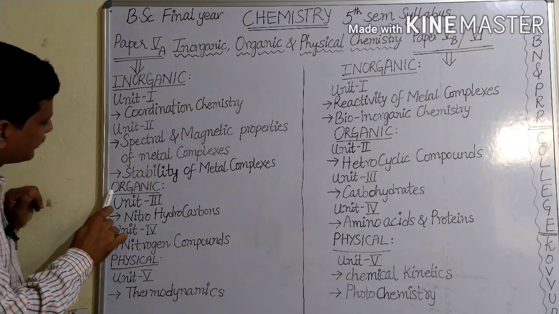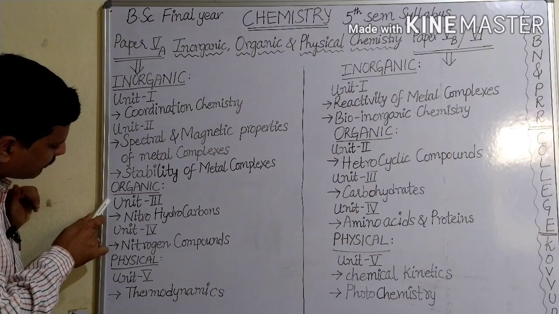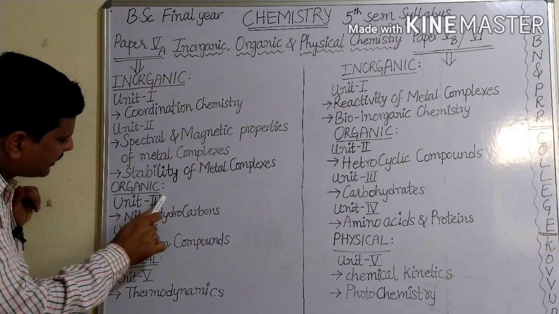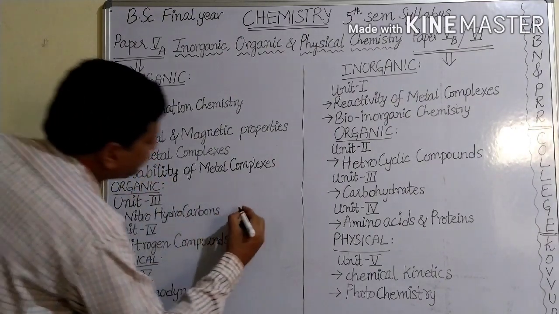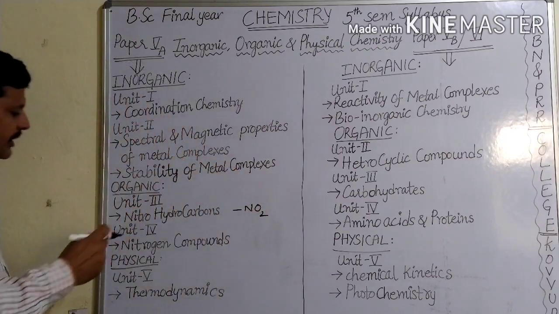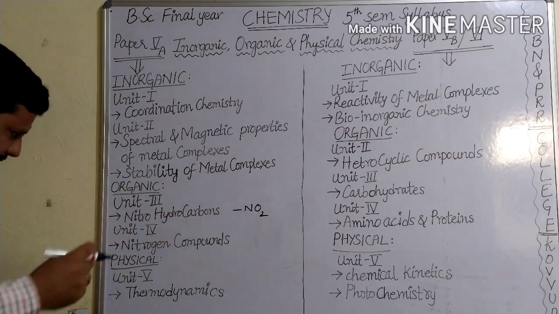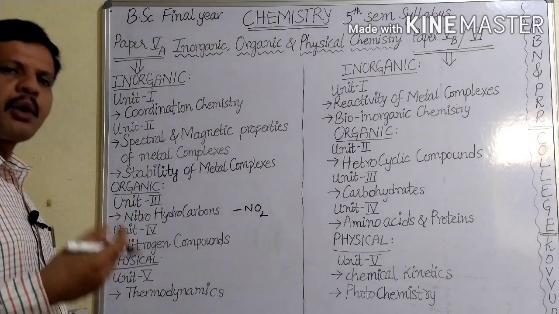Then come to the another branch, organic chemistry. In this organic chemistry also we have 2 units. Unit 3, nitro-hydrocarbons. That means nitro functional groups, NO2. It is nothing but nitroparaffins, nitroalkanes.